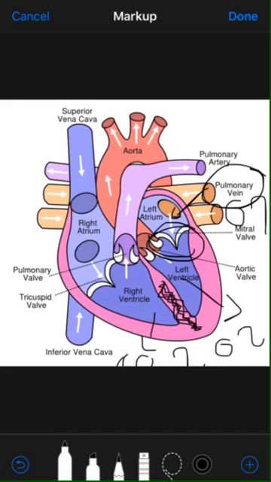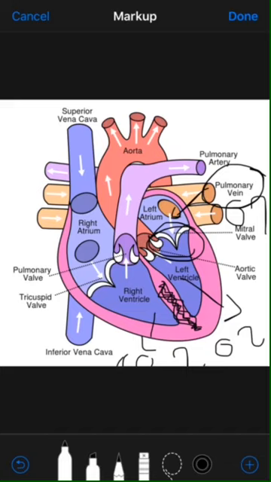Atrioventricular is correct. And if you want to be specific about which side, you can say tricuspid. And bicuspid is the one between the left atrium and ventricle. Instead of mitral valve, you can say bicuspid. It's easier for you. Mitral valve, yes. Bicuspid also, yes.